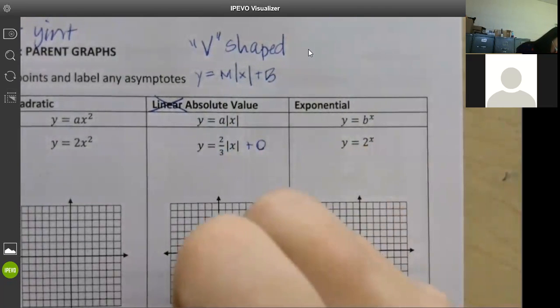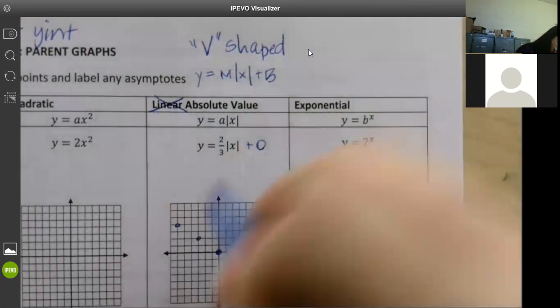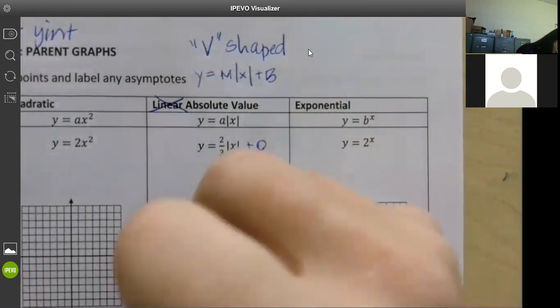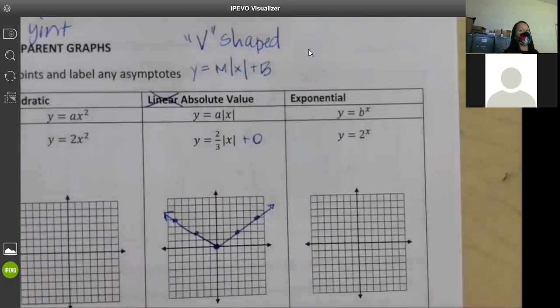So you're going to go up 2 and over 3 on the other side. And that's what makes your V-shape. So that's what it's going to look like. We will eventually talk about what happens when we move that vertex away from 0, 0. Like I told you, we're just working on parent graphs now, so understanding how to graph when we start at 0, 0.